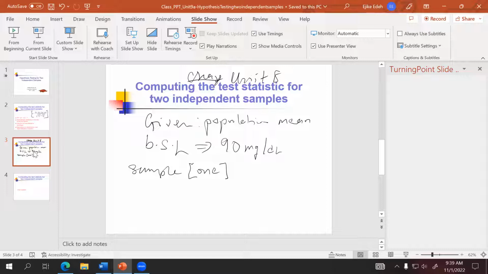So let's assume somebody is making a claim that on the average in the population, everybody's blood sugar level normally should be 90 milligrams per deciliter, and then you're trying to verify whether that claim is true. You're ideally going to take a sample of people and then find their statistics. So the first thing to do is to state the hypothesis.